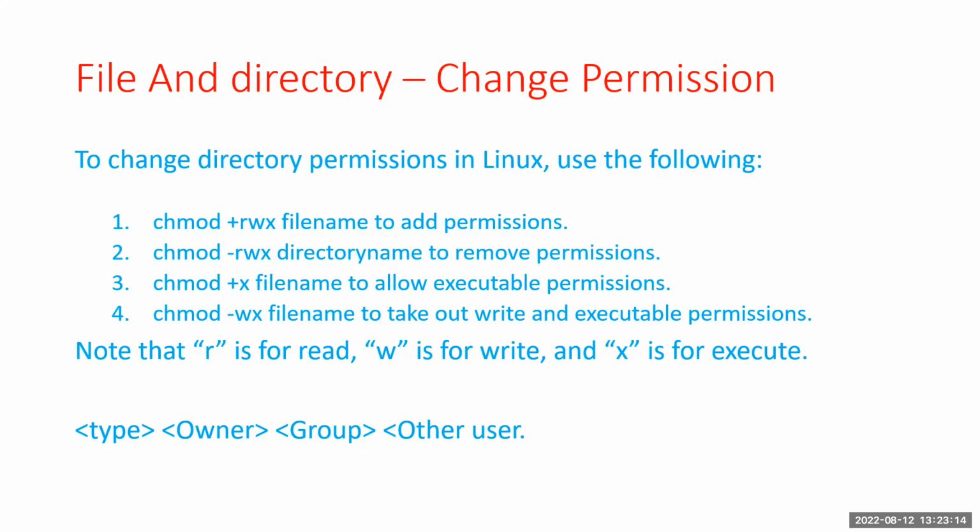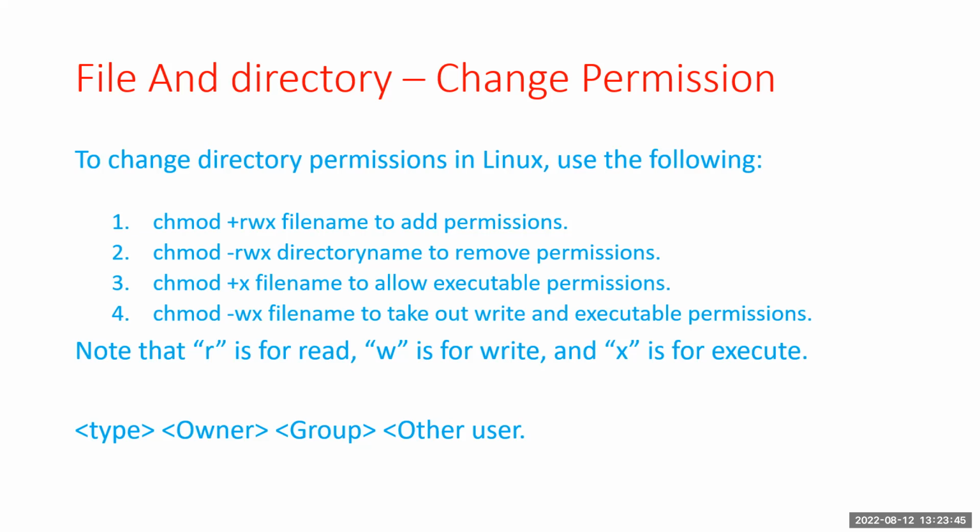And if you want to give an individual permission, for example, the file already has rw, which is read and write permission, and you want to give an execute permission, what would you add? You will say chmod plus x and the name of the file. Similarly, if you want to remove multiple permissions, suppose a file which was created by user Jyoti had rwx, which is read, write, and execute permission, but now you want to give that user only the read permission.